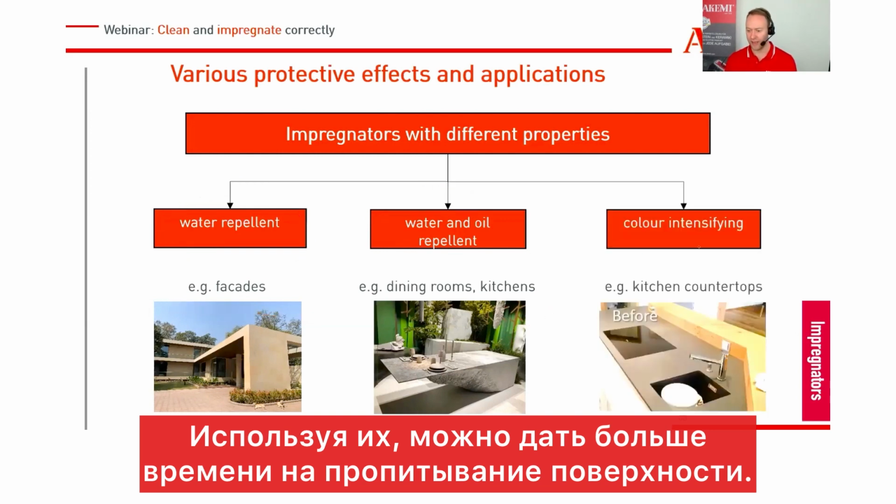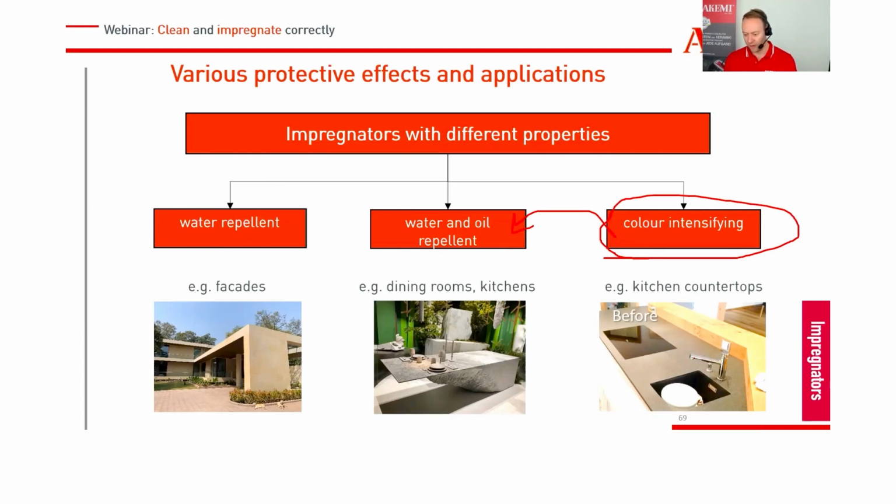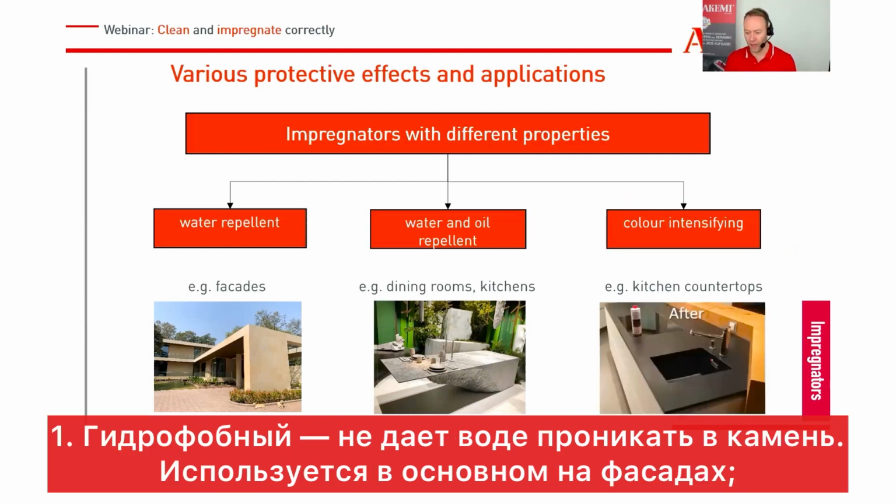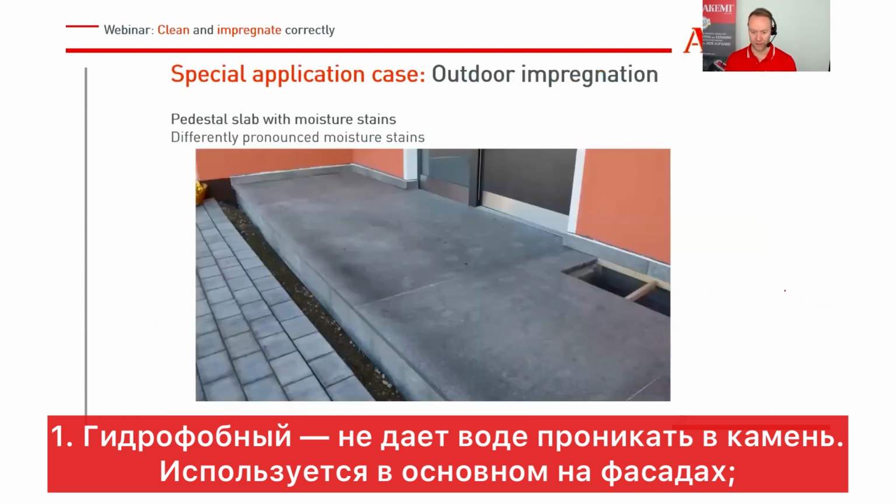And as I said, color intensifying products, with oil effect for example, or without, depending. When you want to enrich the color and make a darker appearance of the stone, usually used on dark, rough stones. They lose a little bit of their nice color. To refresh that, to get that back, you take a color intensifier, and then you have a nice dark appearance.